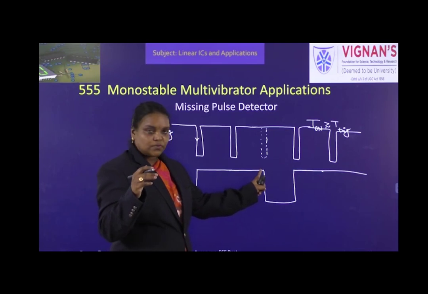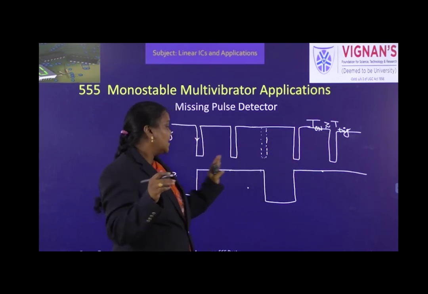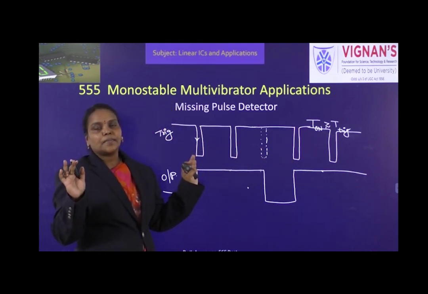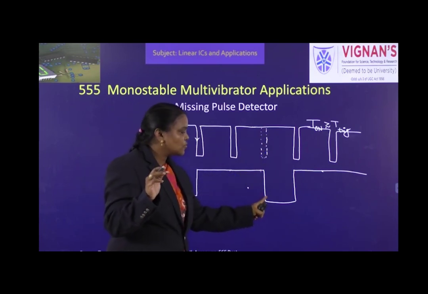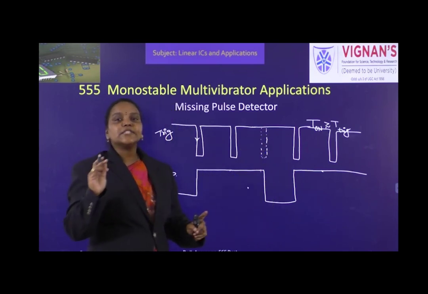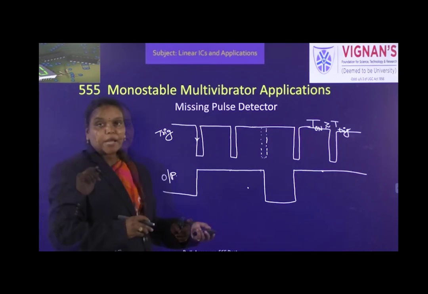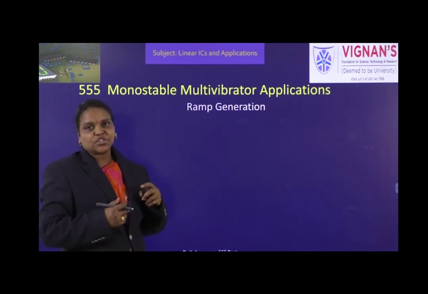If it continuously receives triggers like that, the output will be logic high only. But whenever a pulse is missing, the output goes low. In this way, we can detect the missing heart pulses.